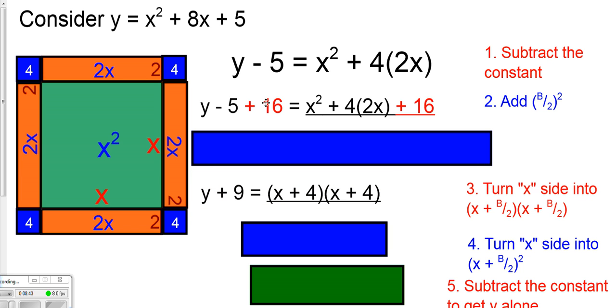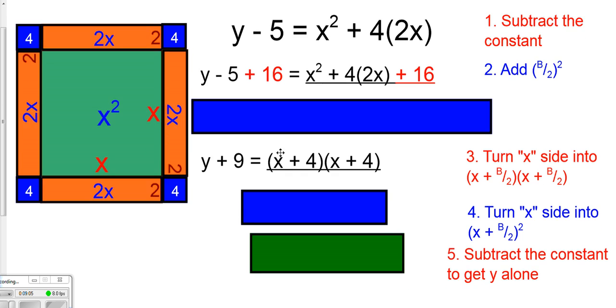you can go directly from here to here, because what you're doing is you're turning this x side over here where it's x squared plus, remember this is like 8x plus 16, x squared plus 8x plus 16. We're turning that into x plus b over 2 times x plus b over 2.